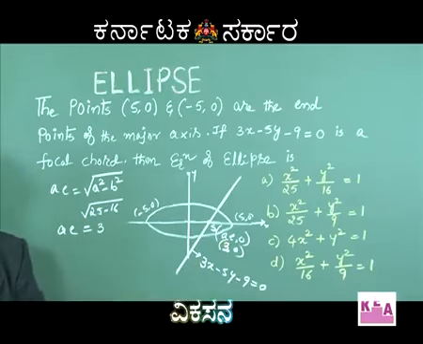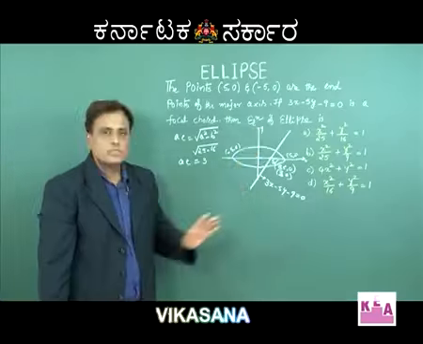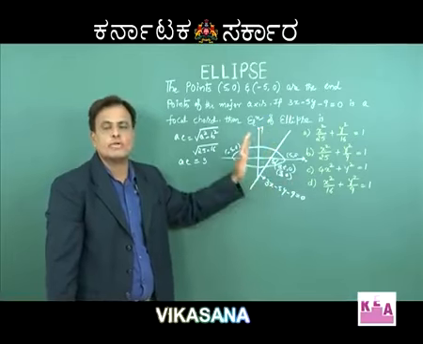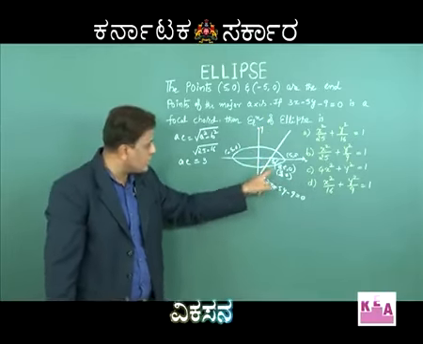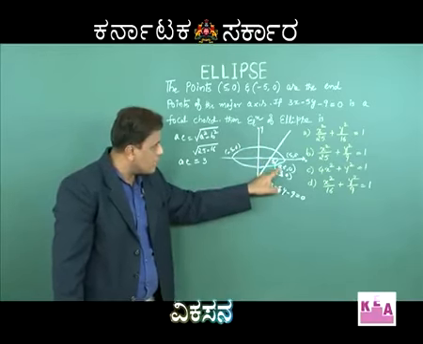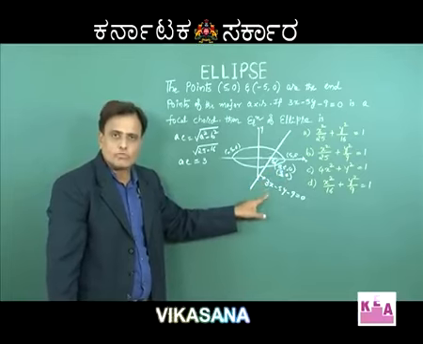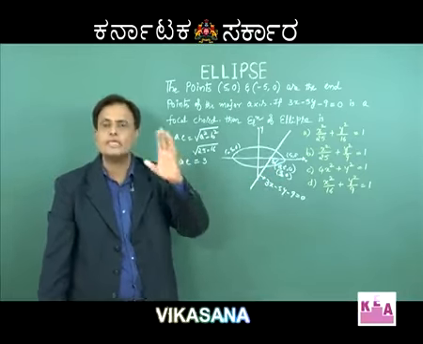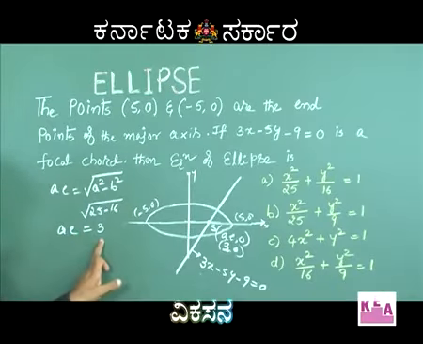But always remember one thing: the value of ae is equal to square root of a square minus b square. So in each and every option we will calculate the square root of a square minus b square, which is the ae value, and after that the coordinates of S you get, you substitute in this. If it satisfies, that option will be the right option. So from option A we got ae value 3.